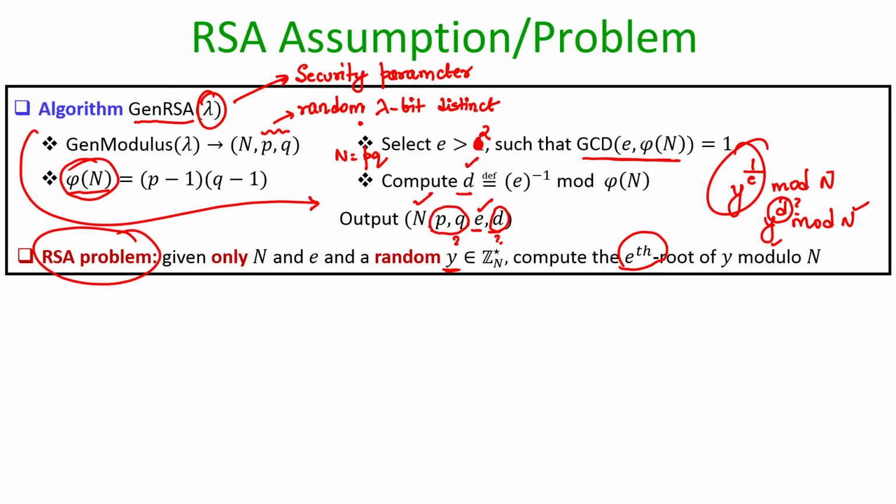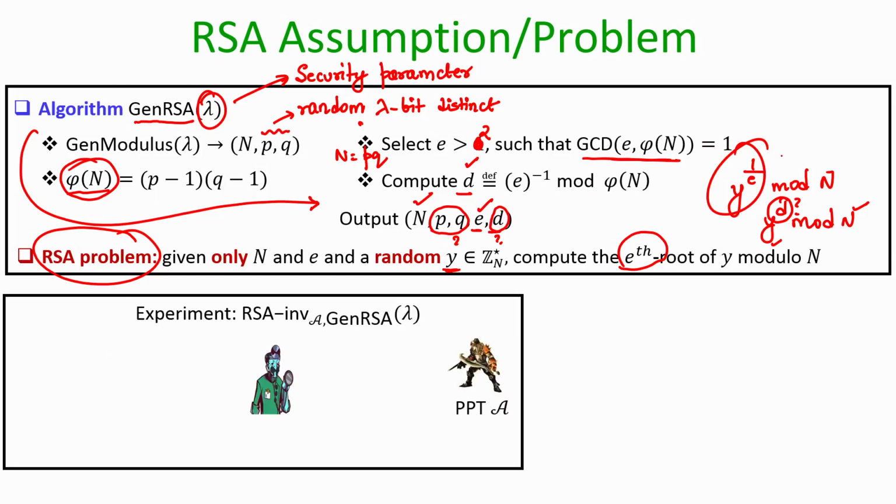The challenge is that in the absence of the prime factors of n, or without the knowledge of the exponent d or the knowledge of phi of n, you are supposed to find out y to the power d modulo n. So, this difficulty is formalized by this experiment.